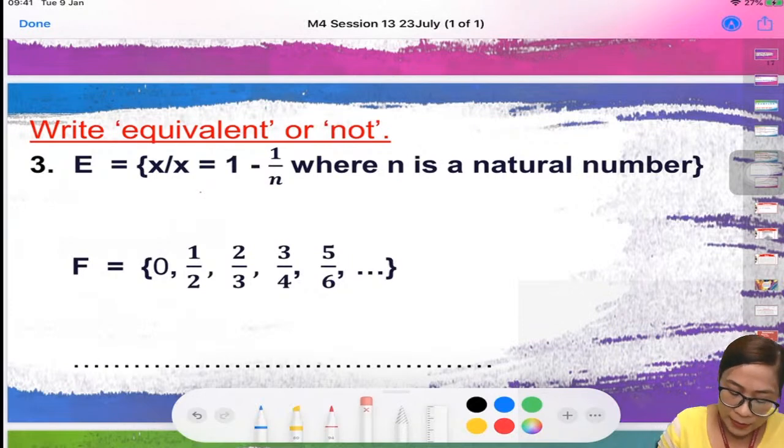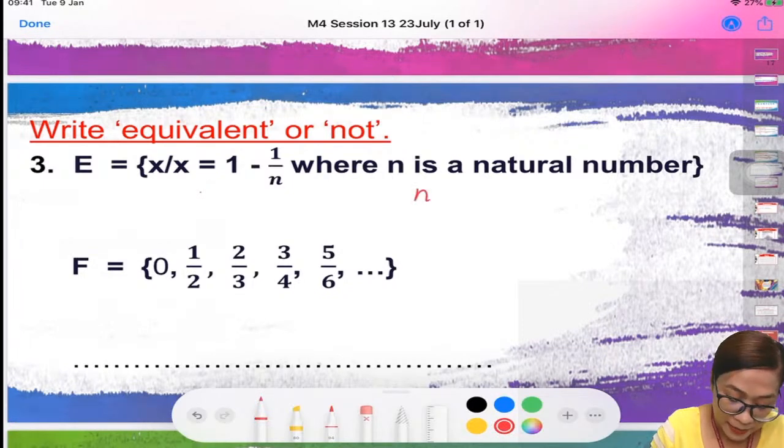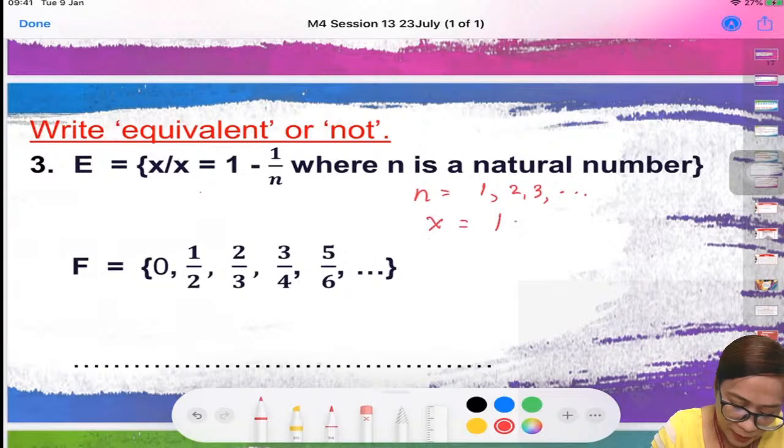So the first one is to write first the values of n. For the values of n, again, x must be equal to 1 minus 1 over n, and you just substitute the value of n.